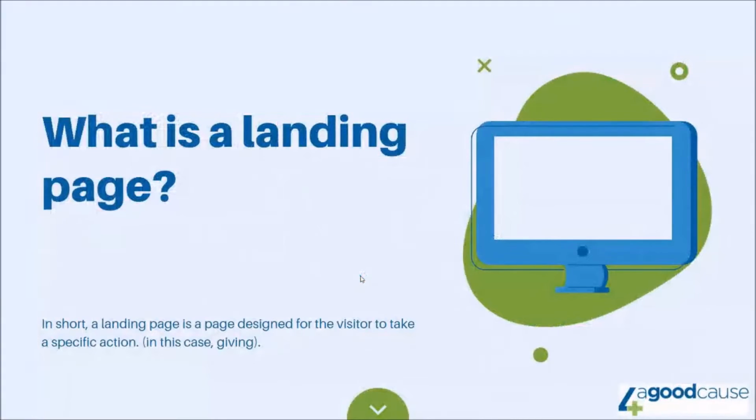So let's start by making sure we're all on the same page with this topic. Let's look at what a landing page is. A landing page is basically a standalone web page dedicated to a specific campaign. It's meant to lead visitors to that page into a very specific and particular action for you.